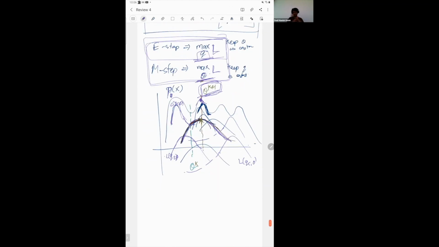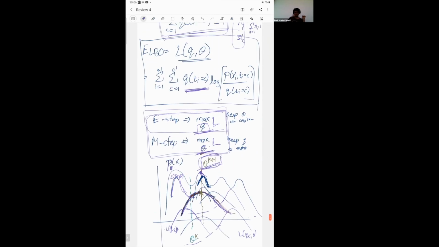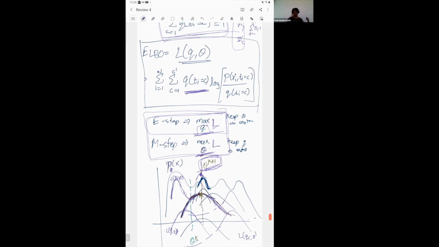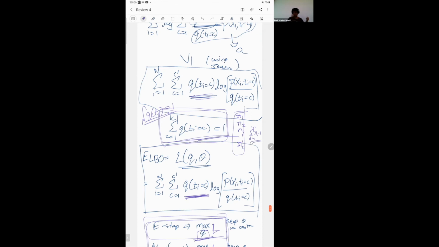I have been calling it a parameter, but it's essentially a PDF. In the discrete case it's a PMF, and that's why we can also call it a vector with this constraint.